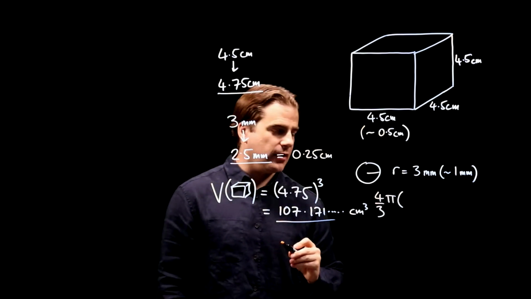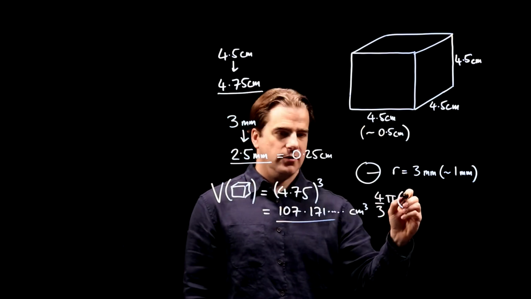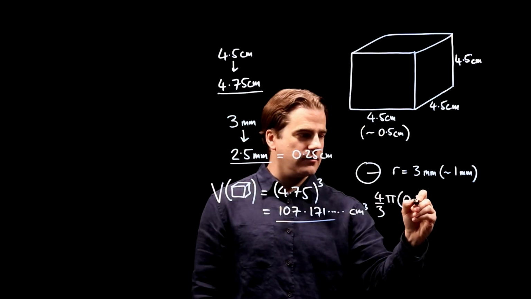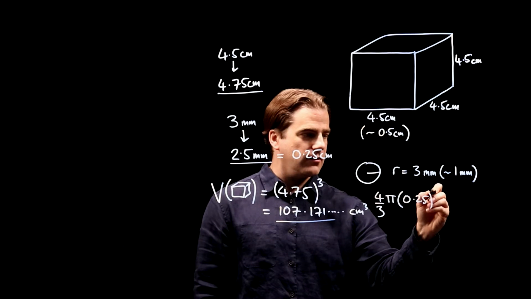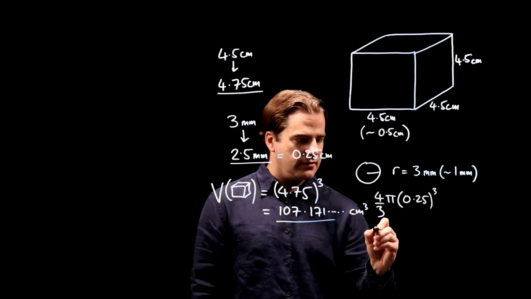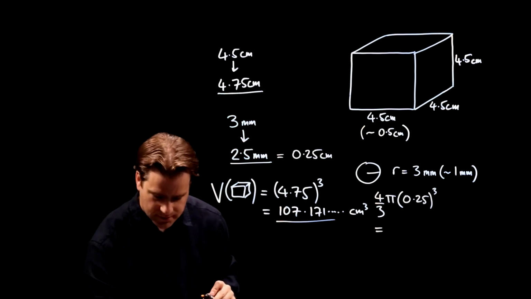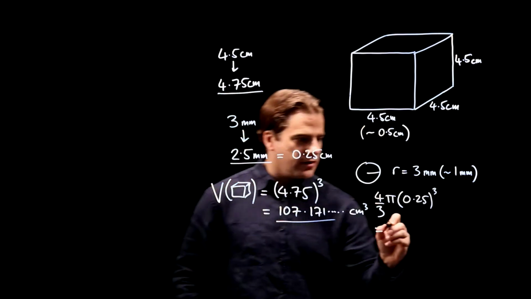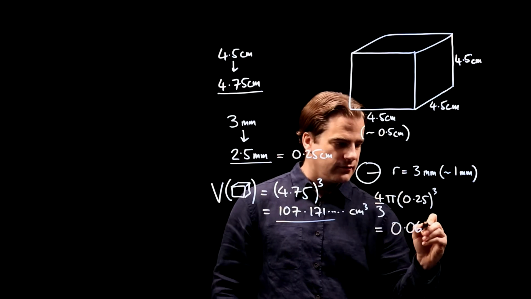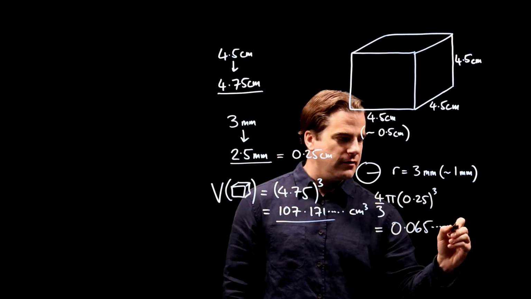So 4/3 pi r cubed, radius cubed is 0.25 cubed. Stick that in your calculator and you get 0.065 something something something cm cubed.